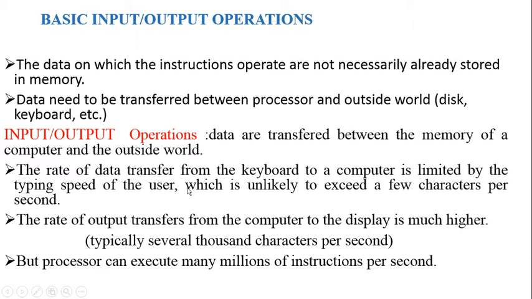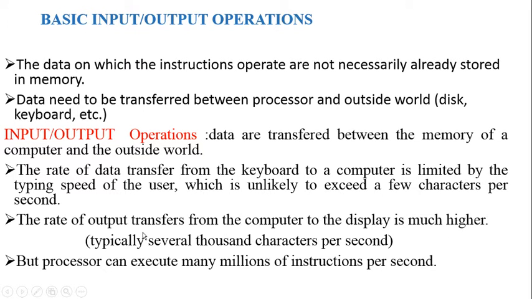The rate of data transfer from the keyboard to a computer is limited by the typing speed of a user, which is like a few characters per second, which is very slow in nature. The rate of output transfer from the computer to the display is much higher.